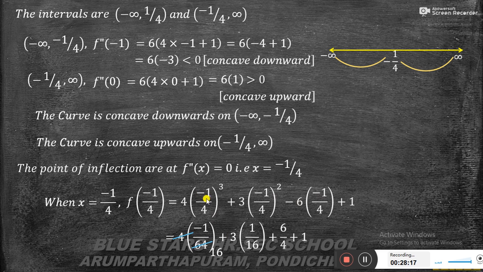Therefore minus 1 by 4 whole cube means minus 1 by 64, and 3 into minus 1 by 4 whole square means 3 by 16, plus 6 by 4 plus 1. So the next step, I cancelled 4 into 64: minus 1 by 16 plus 3 by 16 plus 6 by 4 plus 1.